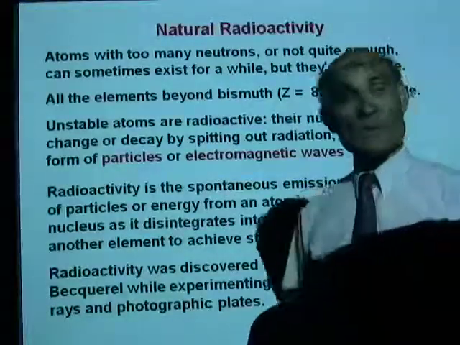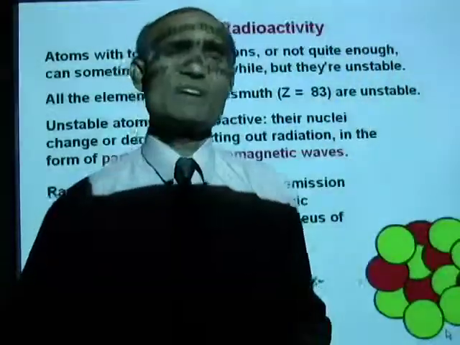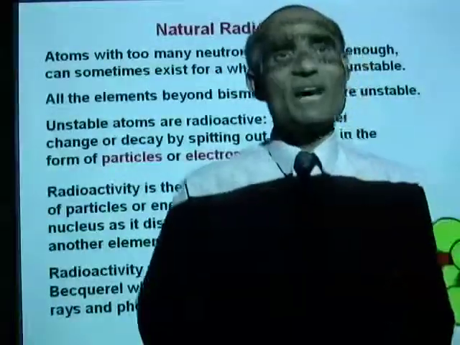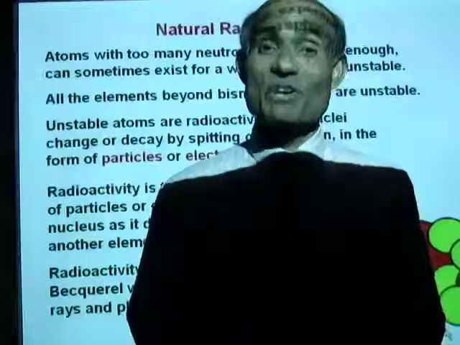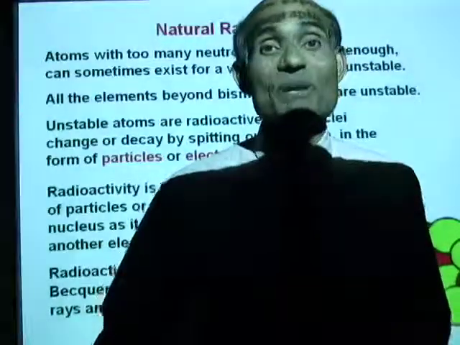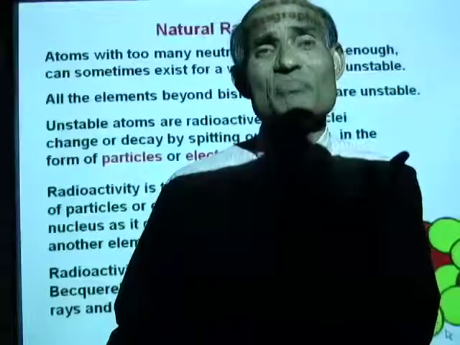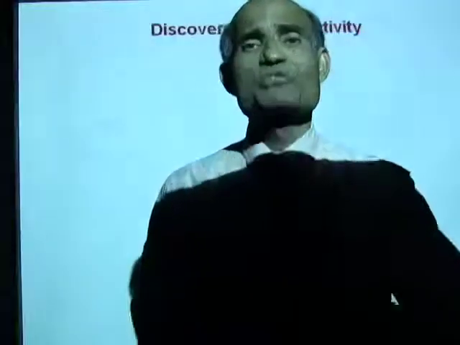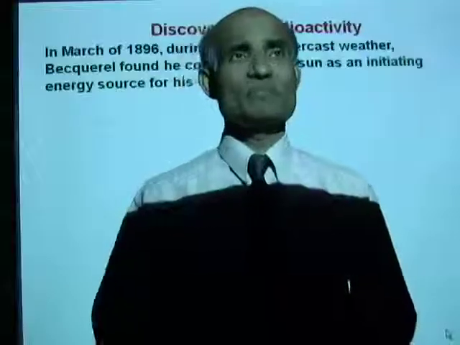So let's start by discussing how radioactivity was discovered. Like many other scientific discoveries, the discovery of radioactivity actually happened by some accident. Now, what kind of accident led to the discovery of radioactivity?